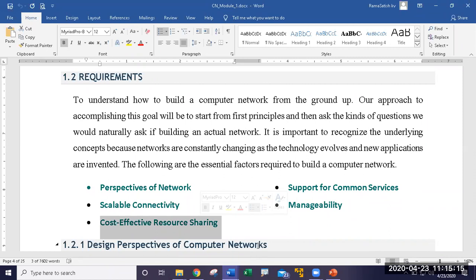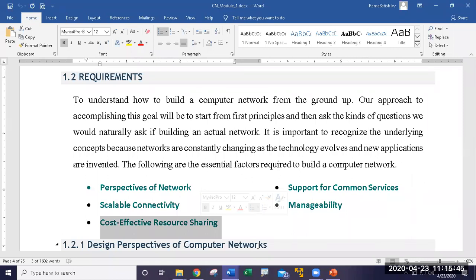If you consider one example, you have a broadband internet link of 5 Mbps, and you are using only 0.5 Mbps. What about the other 4.5 Mbps? It goes to waste. That's why you ask for cost-effective resource sharing.